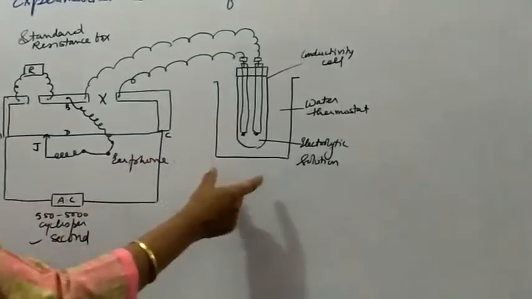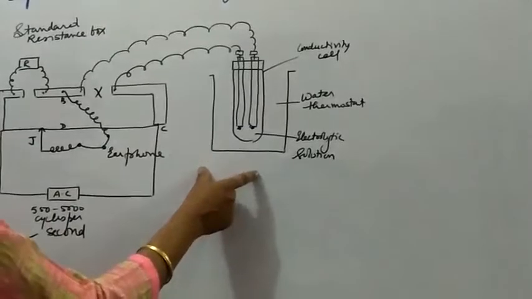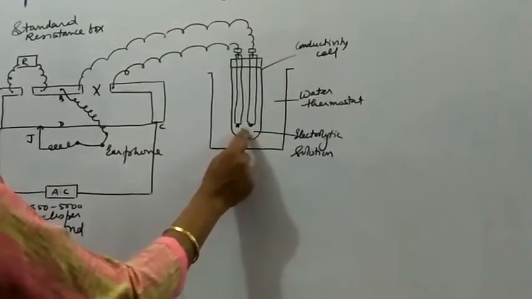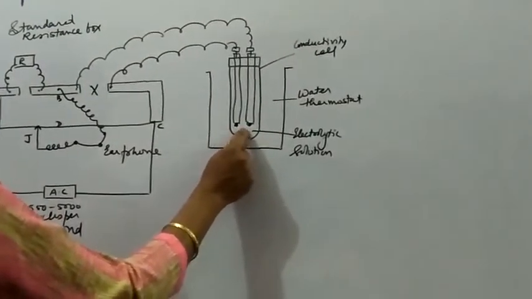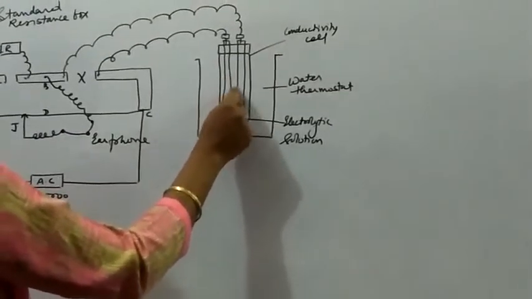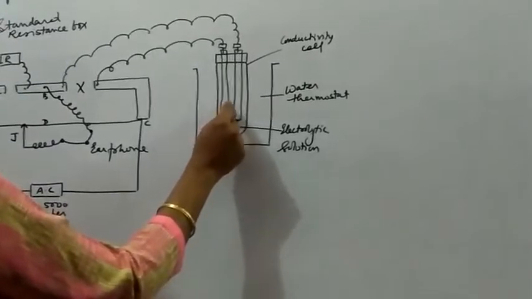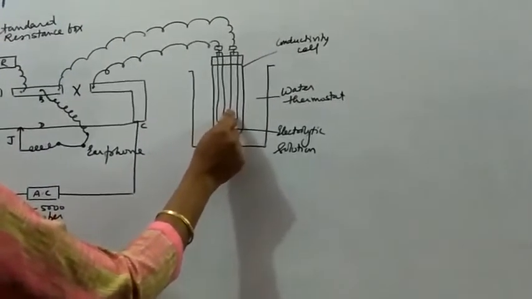Now first have a view over the conductivity cell here. The conductivity cell will contain the electrolytic solution. The two electrodes which are shown here are coated with platinum, just to reduce the polarization effect.